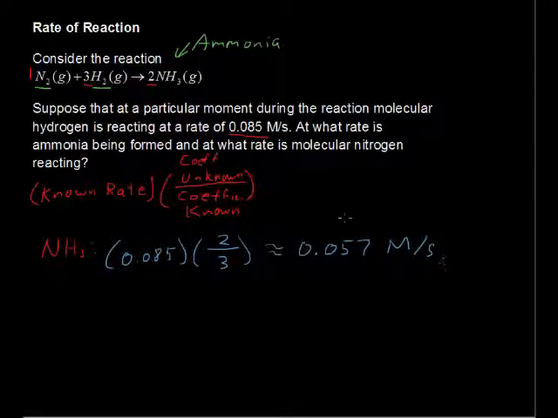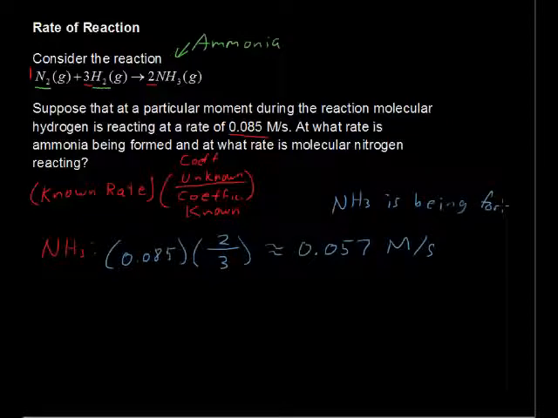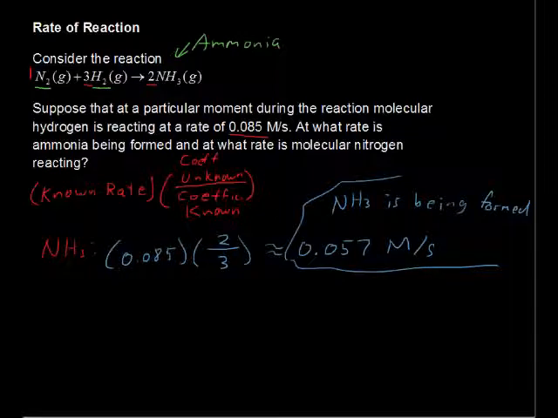That's how fast NH3 is being formed. Being formed at a rate of 0.057 moles per second.